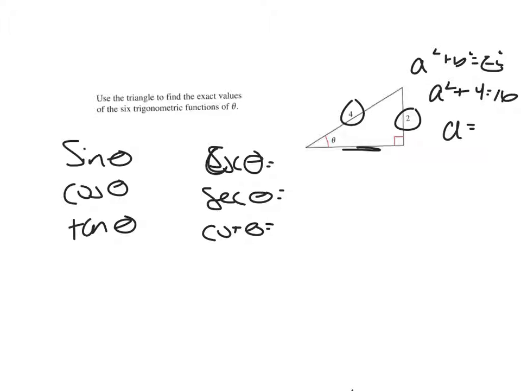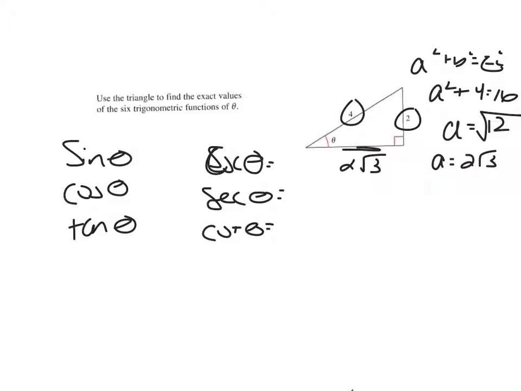That means that a equals the square root of 12, right? I'm skipping some steps here. Subtract the 4, square root both sides, and then you can simplify it. So a is going to be 2 radical 3. This is 2 radical 3, which makes me assume that this is actually a 30, 60, 90, but you can't always assume that.